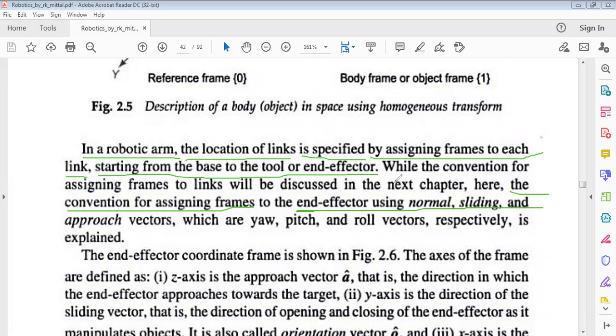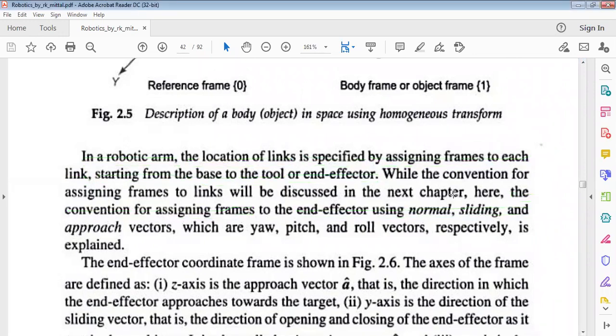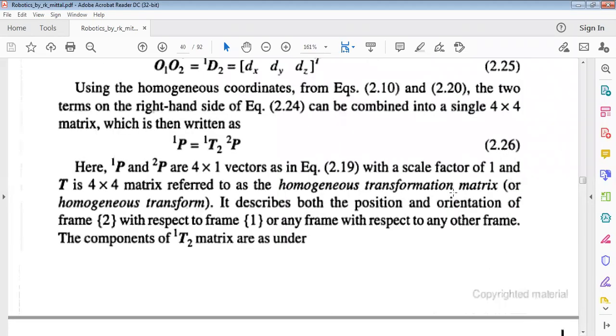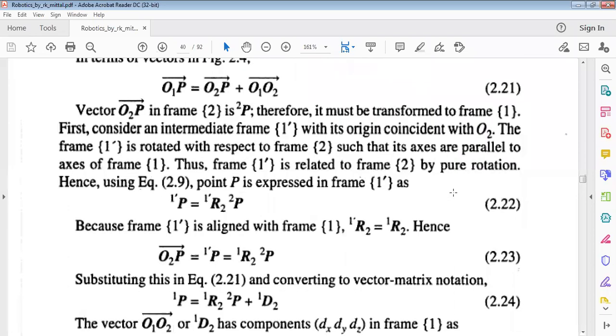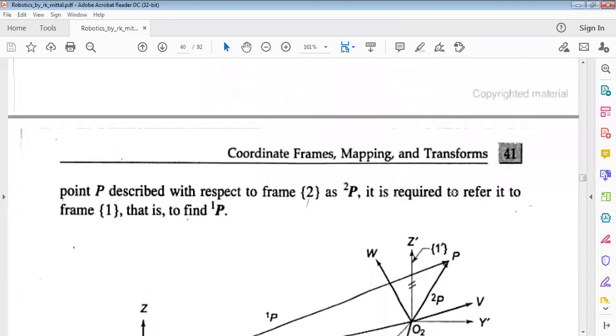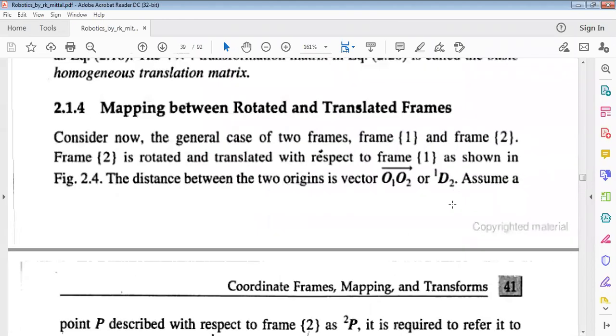Before closing the lecture, let us look at the summary of today's lecture. Today I discussed the third possibility of the second frame's rotation and position: mapping between rotated and translated frames.